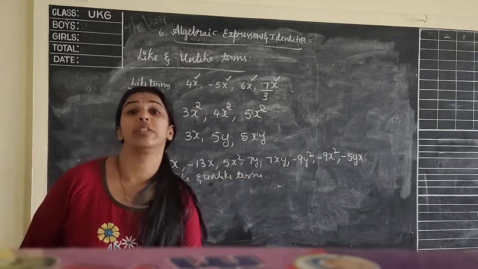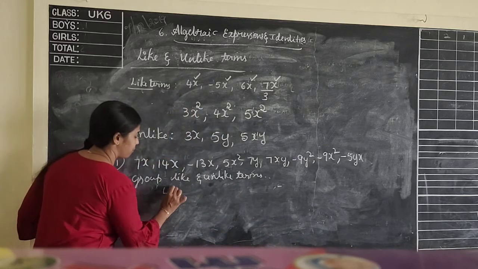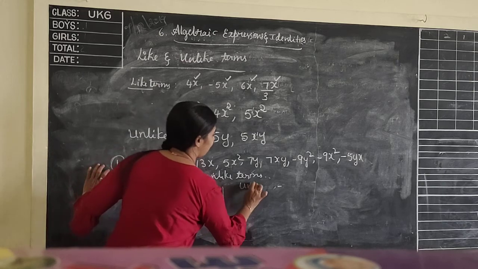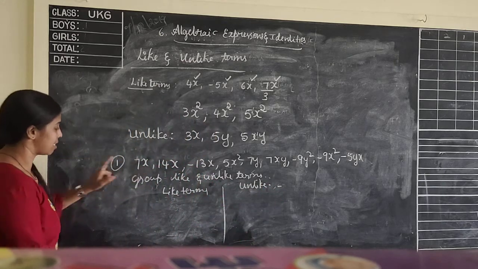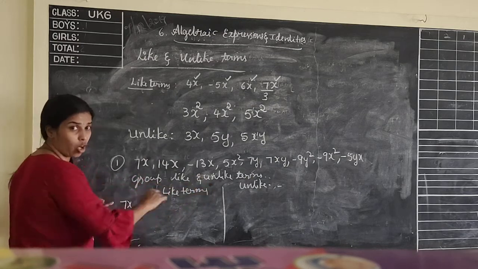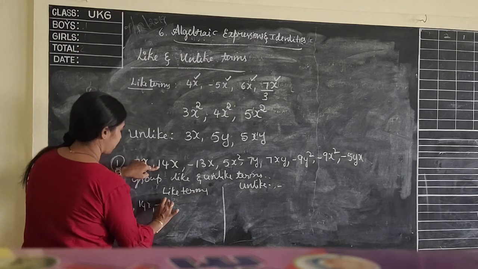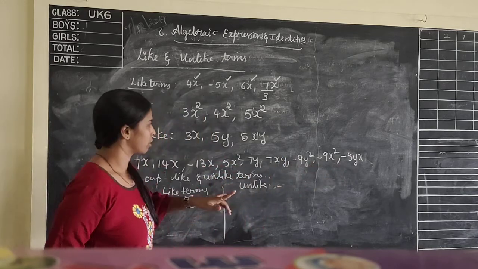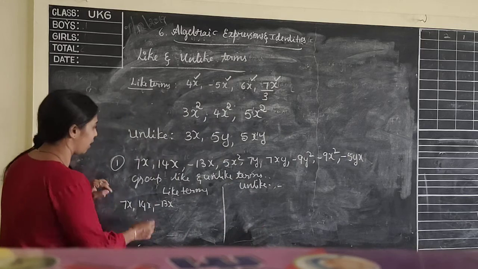Now we must group in this like and unlike. How to group? Here y is there. Here x square is there. Not possible. Over. Second.